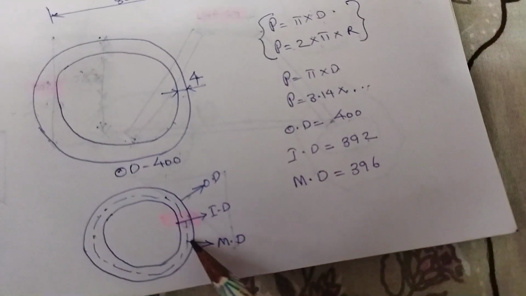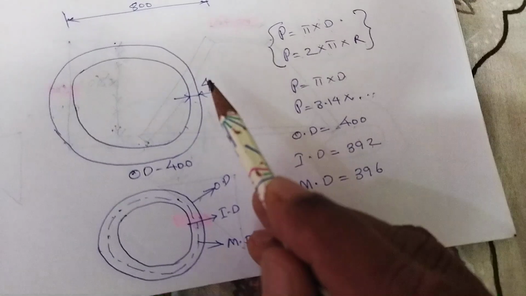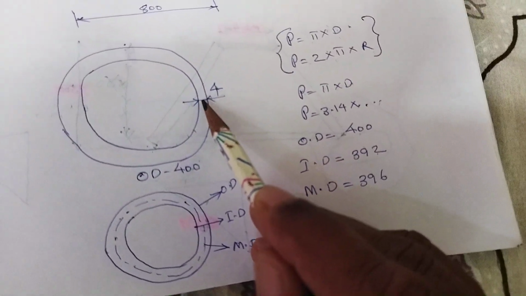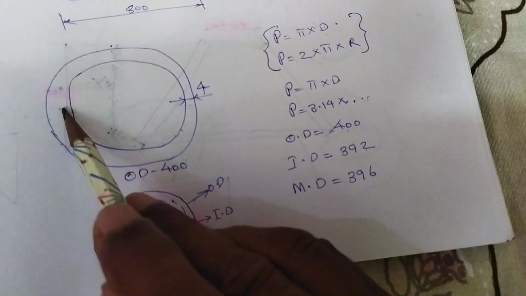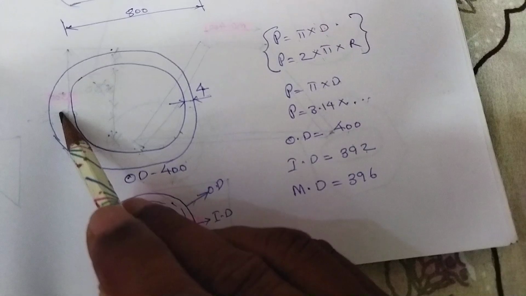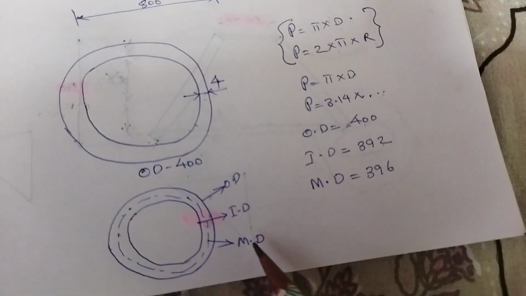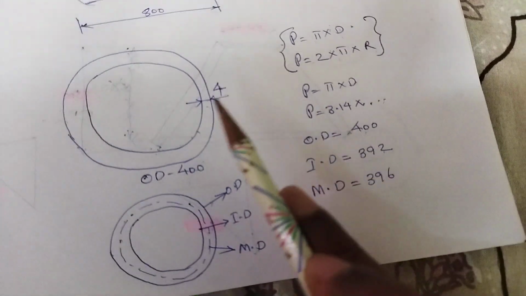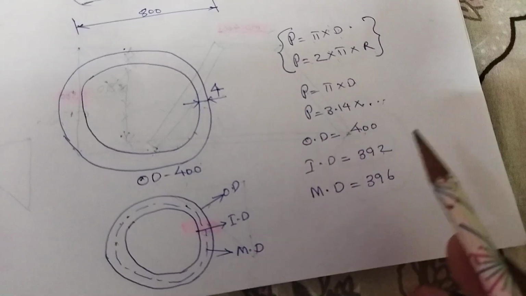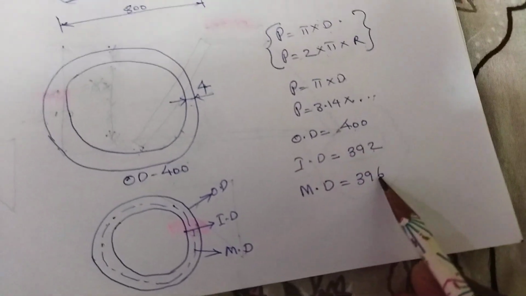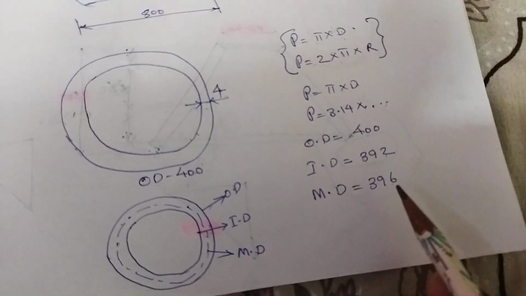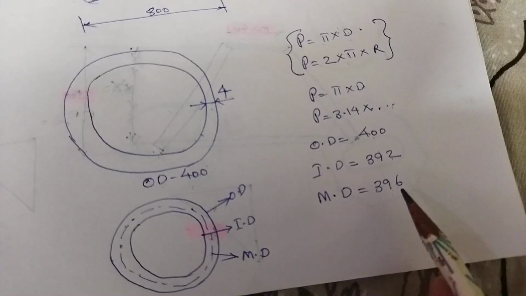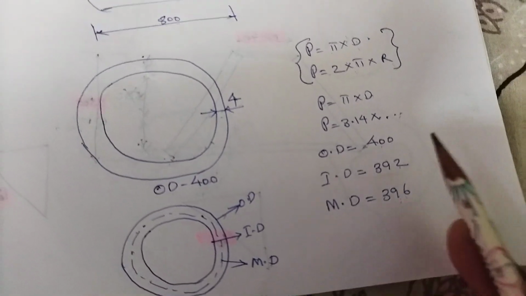Then what will be the medium diameter? 2 mm has to be decreased from here, and 2 mm from here also. So 2 plus 2, 4 mm is decreased from 400, and we get 396. This should be the proper diameter we consider for perimeter.